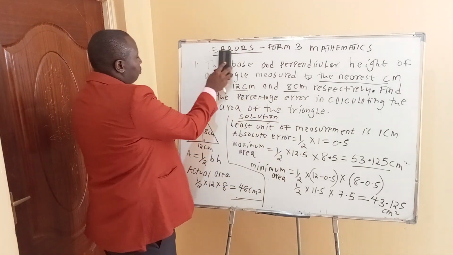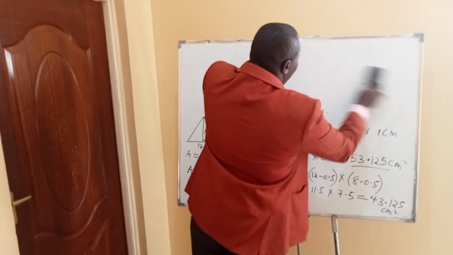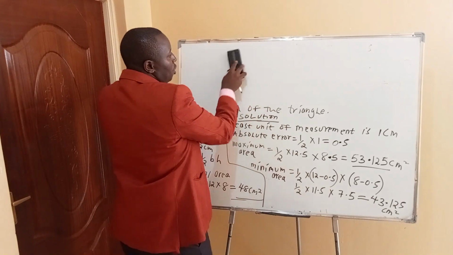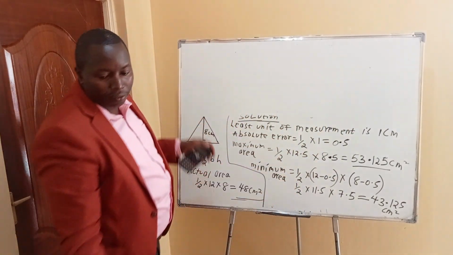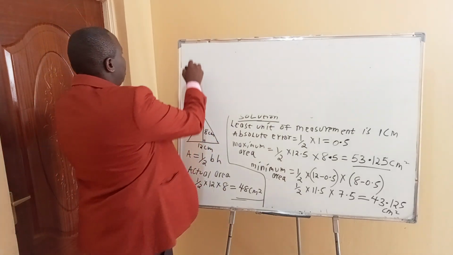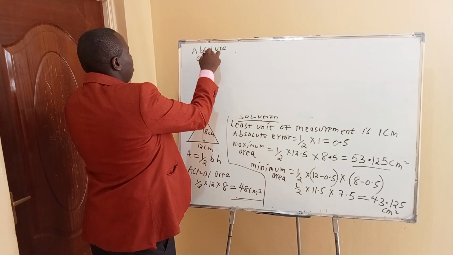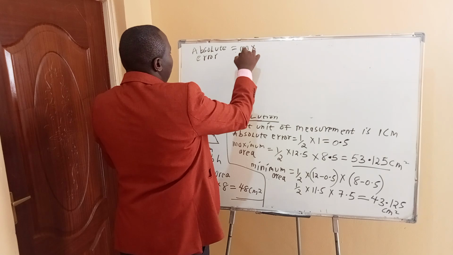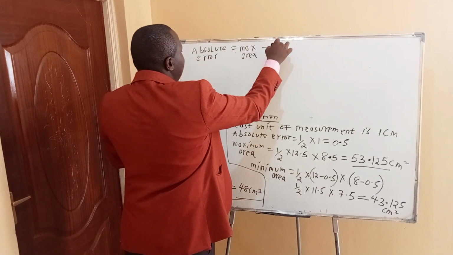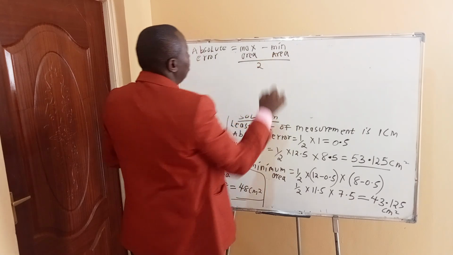Now I want us to find the absolute error in this question. The absolute error is equal to the maximum area minus the minimum area, divided by 2.